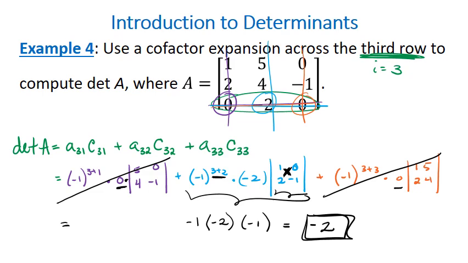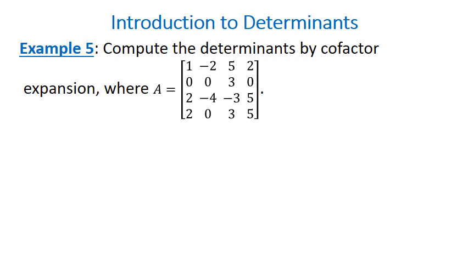And once again, you can use the cofactor expansion for any row, any column, as long as it is an n by n square matrix. So let's take a look at a larger matrix. Here, we want to compute the determinant of this matrix by cofactor expansion.